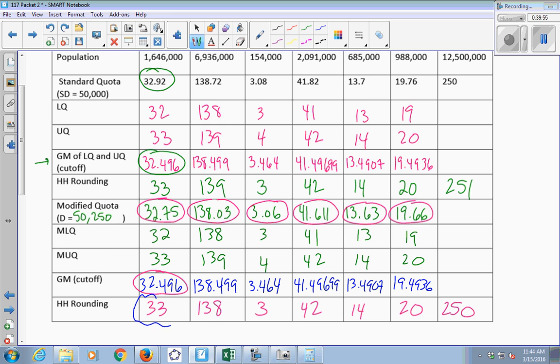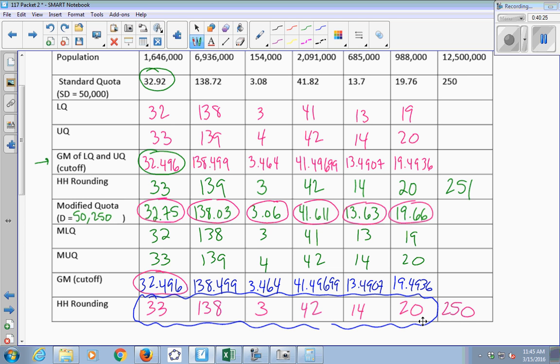So this is my final answer. Okay, and what Elliot pointed out a minute ago is that that is the exact answer we got for Webster's method. Right? We got 33, 138, 3, 42, 14, 20. We used the same divisor, right? It was so similar to Webster's method. And that's because, look at the cutoffs, right? The cutoffs are all really close to 0.5. The cutoffs are 0.496, 0.499, 0.464.